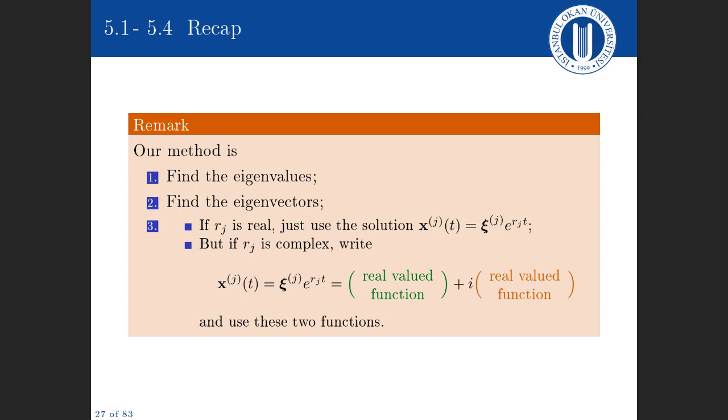And as long as we have enough linearly independent eigenvectors, that's enough. But if our eigenvalue is a complex number, then we need to play with this formula. We need to rearrange it so that we have a real valued function plus i times a real valued function. And then we use this green function and we use this orange function in our general solution instead of using x1 and x2.